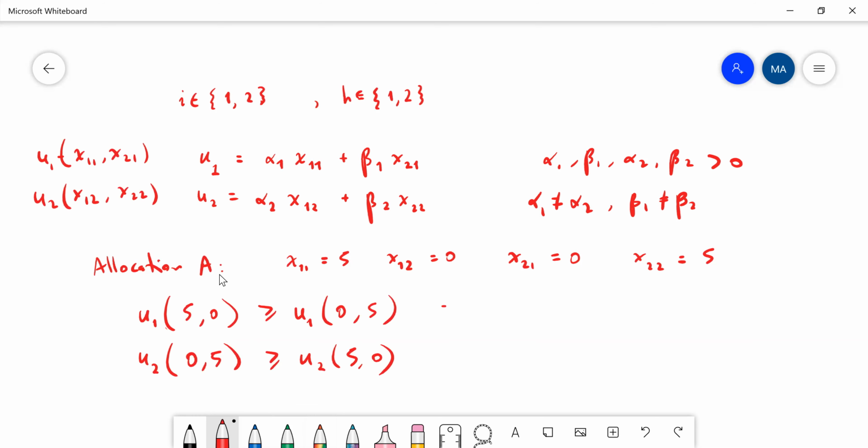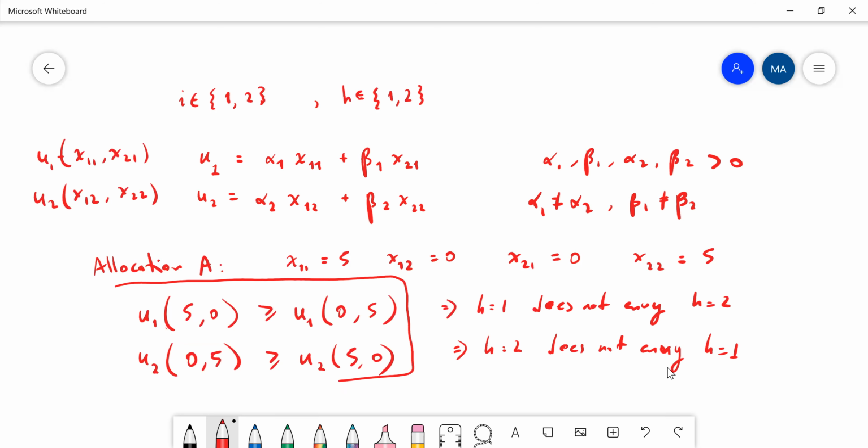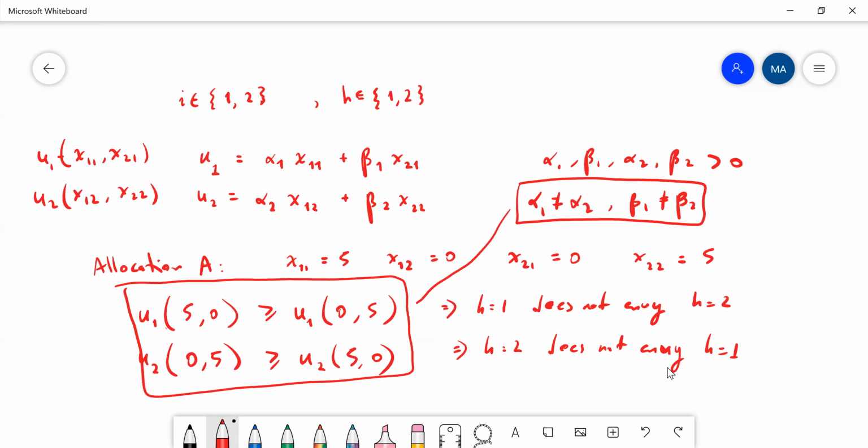Okay? So this one means the first agent does not envy the second agent. This means the second agent does not envy the first agent. And obviously, since these are generally different, this can be true, right?